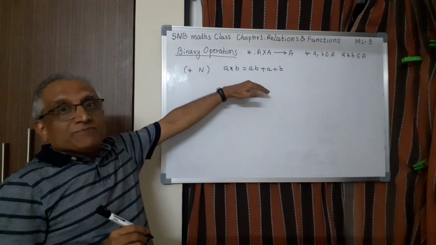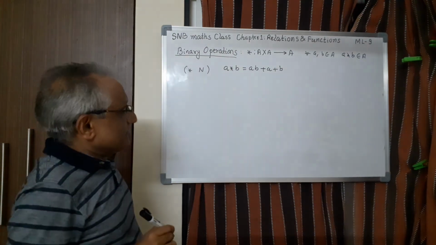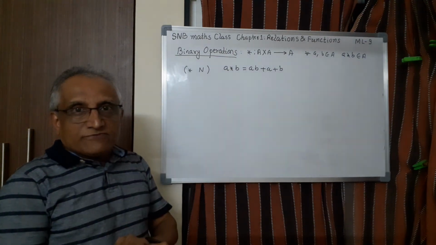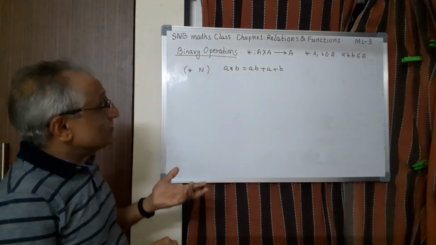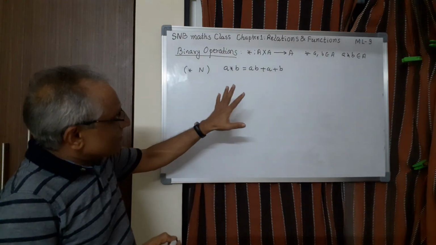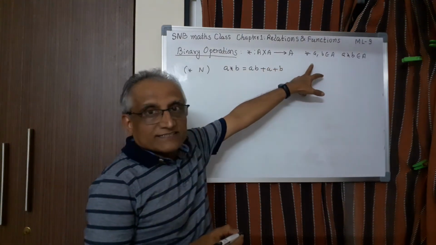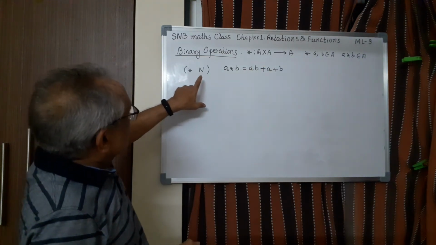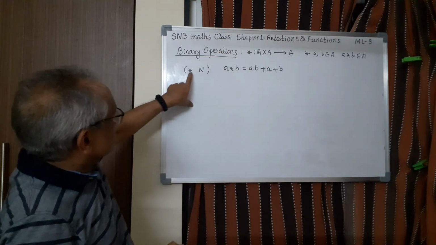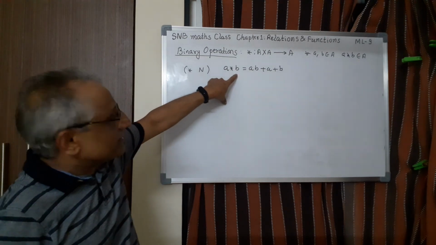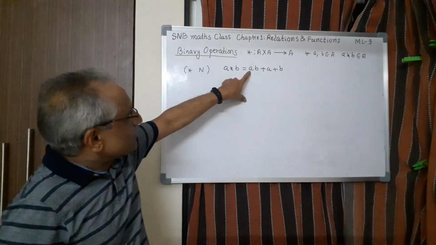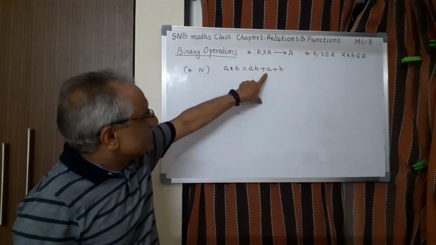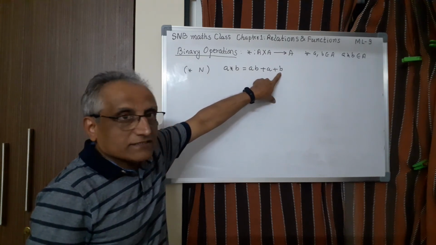Is it a binary operation? If you ask me, then I have to say whether it is a binary operation or not based on this definition. Whatever may be A and B, which are natural numbers, the product AB is a natural number, A is a natural number, B is a natural number.